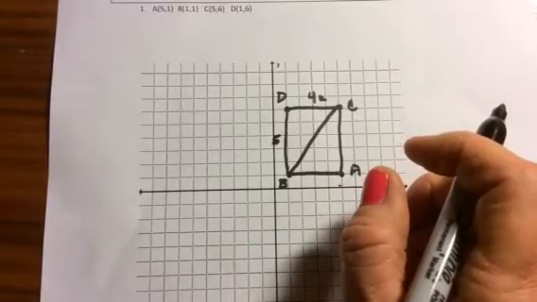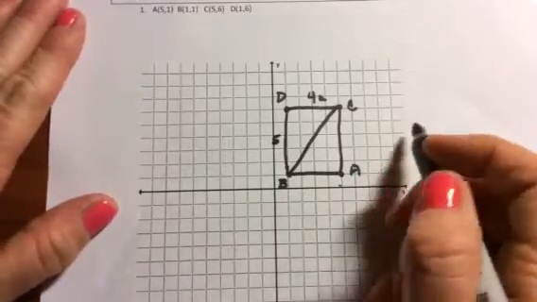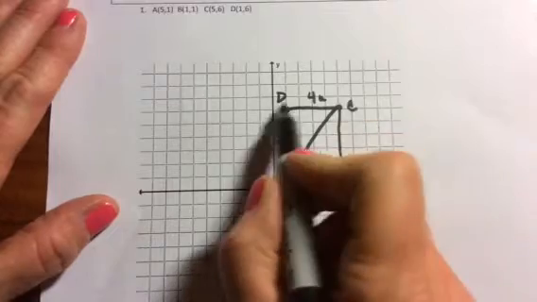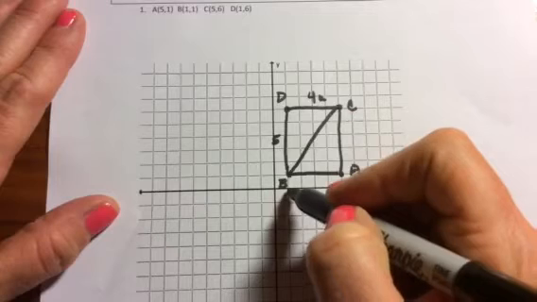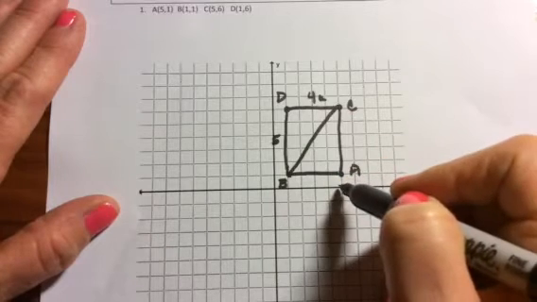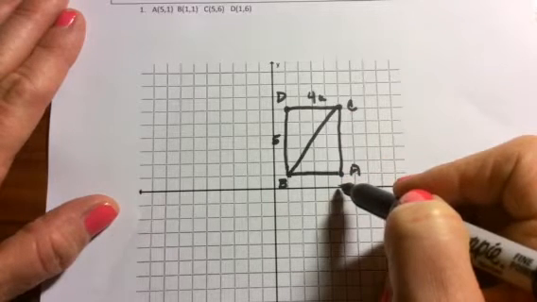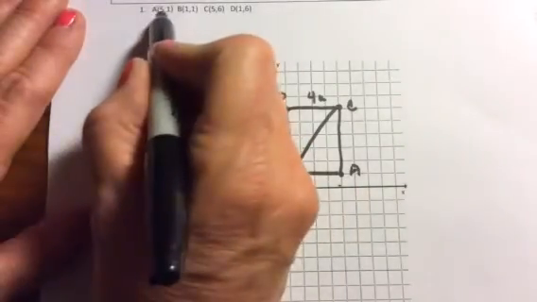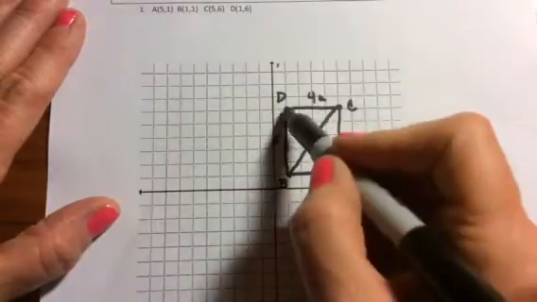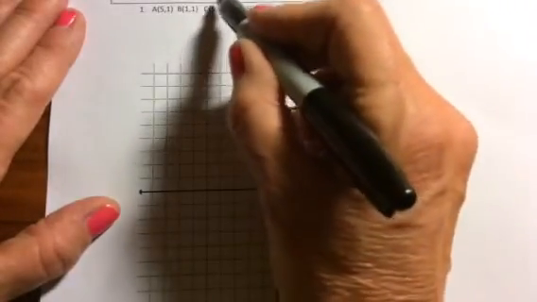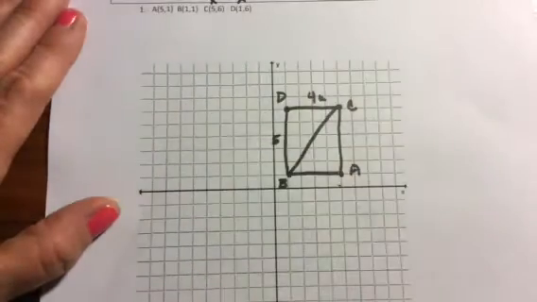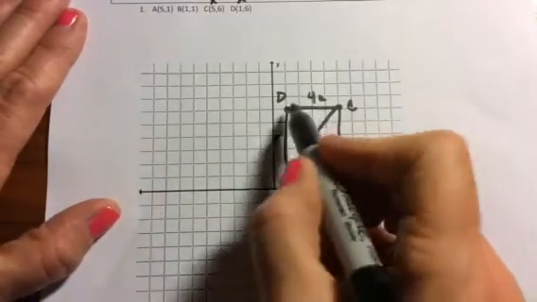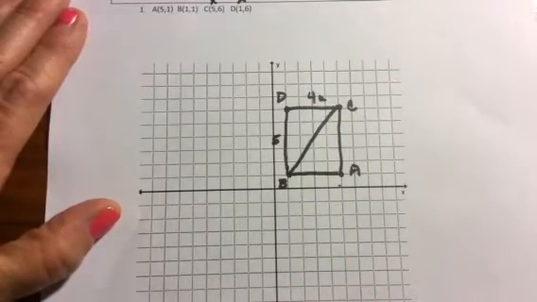Now, if we look at these lengths, we can look at the x-coordinates from here to here. We've got an x-coordinate of 1 and an x-coordinate of 5. Going from 5 to 1, from D to C, we're just subtracting those to get the distance from one to the other, but we can also count the spaces since we have the grid.